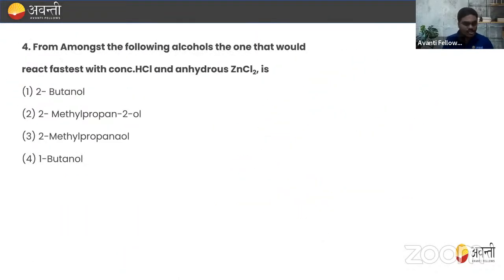Now the next question is: from amongst the following alcohols, the one that would react fastest with concentrated HCl and anhydrous ZnCl2. We already discussed this topic also in yesterday's class, right? This is the reaction of alcohol with 5 different reagents. The first reagent is HCl and ZnCl2.